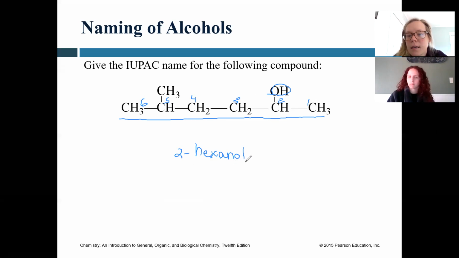Now, does this thing here encompass the whole structure? No, we're still missing this little accessory, and that makes a difference. So we have to write that in, and you just tack that into the front like you've done thus far. So we've got a methyl group on the 5. So this is going to be 5-methyl-2-hexanol.